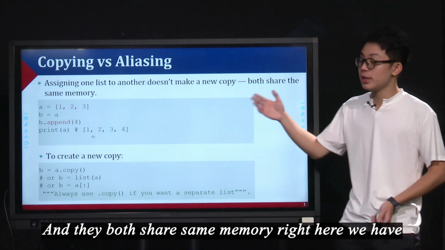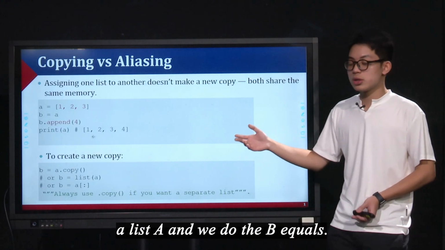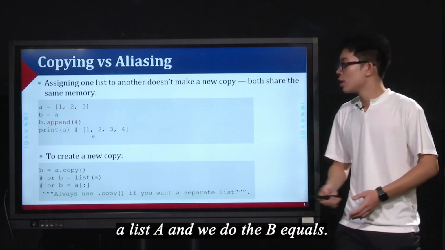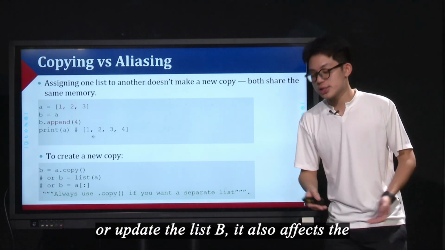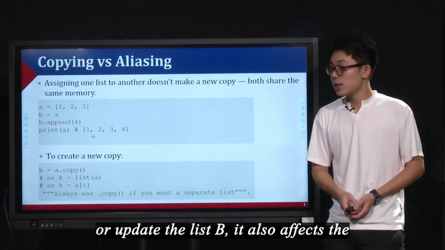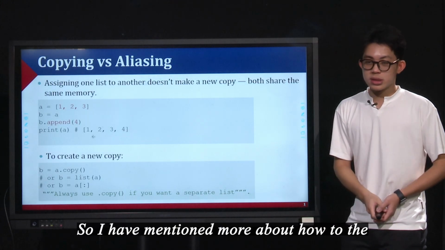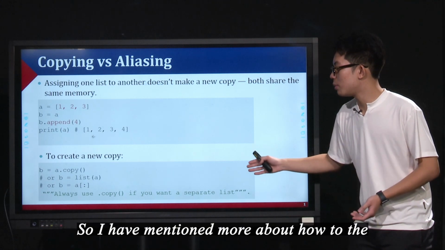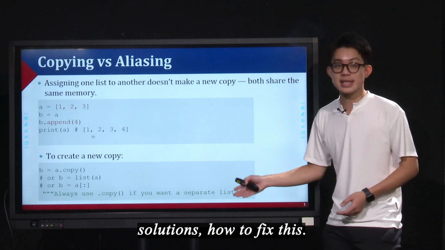Right here, we have a list A, and we do B equals A. So when you try to add more items or update the list B, it also affects the list A too. I have mentioned more about the resolutions, how to fix this.